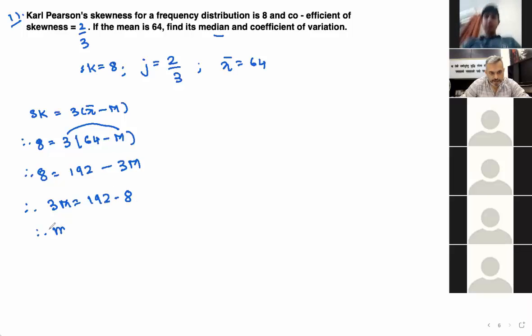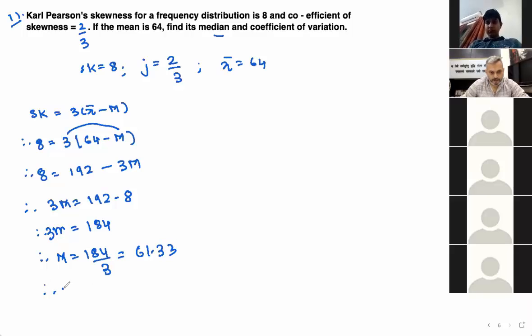So 3m is equal to 184. Therefore, m is equal to 184 by 3, which is equal to 61.33. So therefore, median m is equal to 61.33.